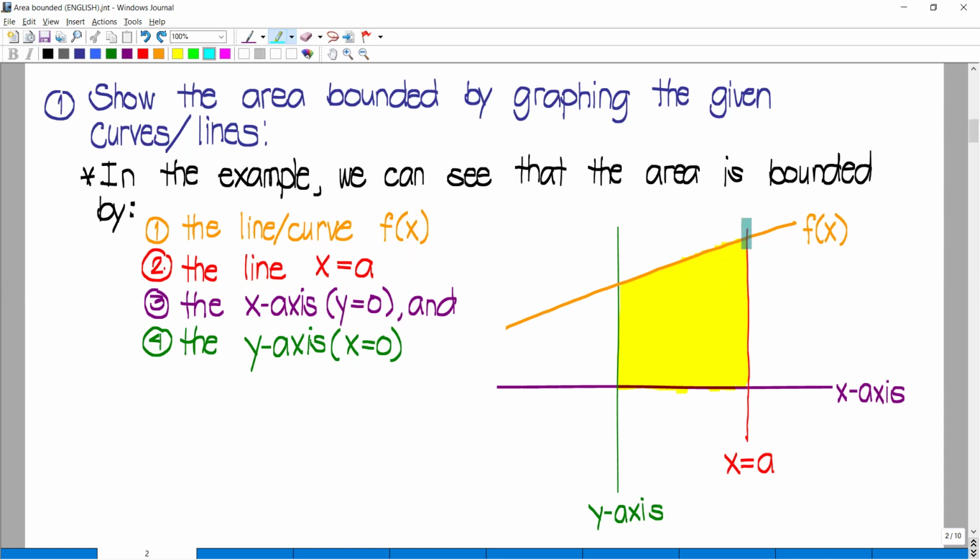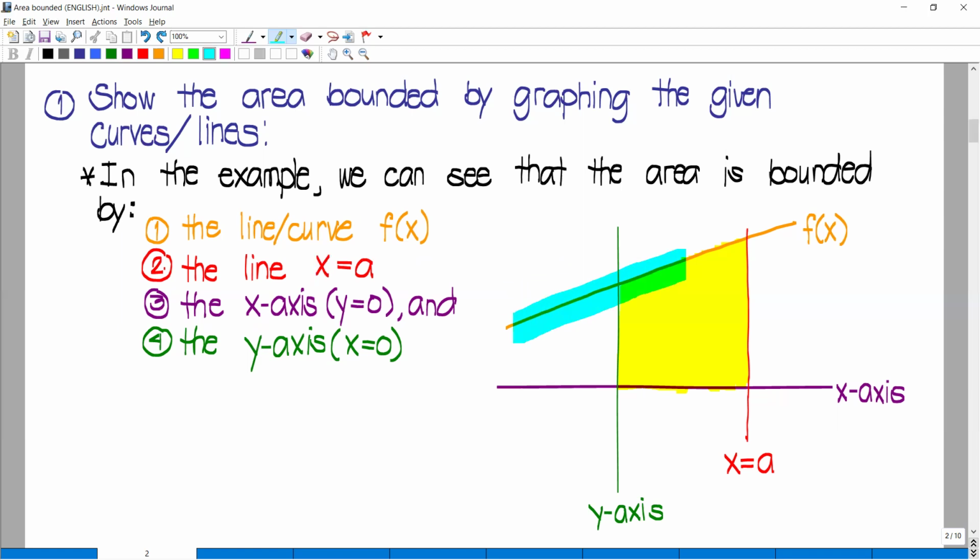Next, for the line here at the right side, we have the red vertical line. If we have a vertical line, that is an equation of x is equal to a constant. In here, we name this vertical line as the equation x is equal to a, for any value of a that will give x is equal to a constant.